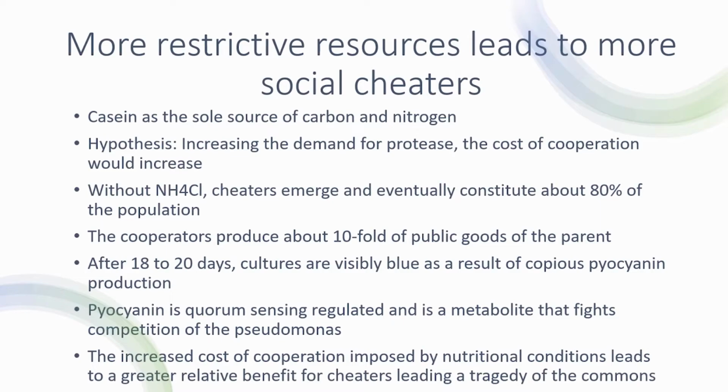As a result, the cultures turned visibly blue as a result of pyocyanin production, which is like a pigment. Pyocyanin is quorum sensing regulated, so it senses when the bacteria is under a lot of stress as a community, and then is released into the community again. And it's a metabolite that fights all Pseudomonas competition.